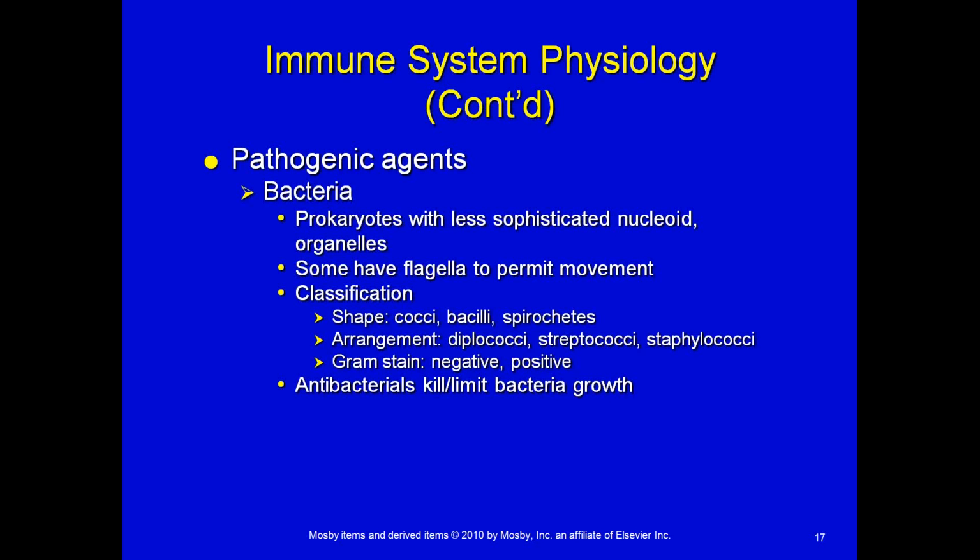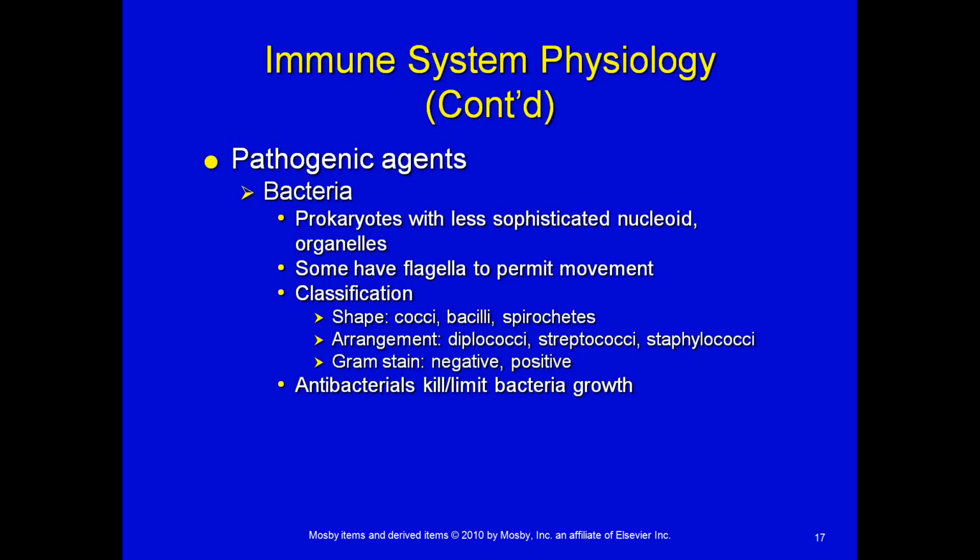And Gram-stain is, under a microscope, they take fluid and they stain it with a purple liquid, and the bacteria may take up the gram stain, and when they do, they're very easy to detect, or they don't pick up the gram stain. Bacteria are killed with antibacterials.